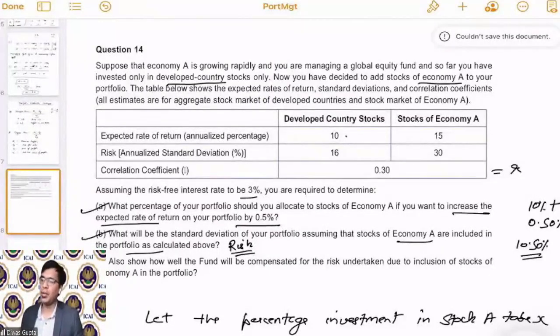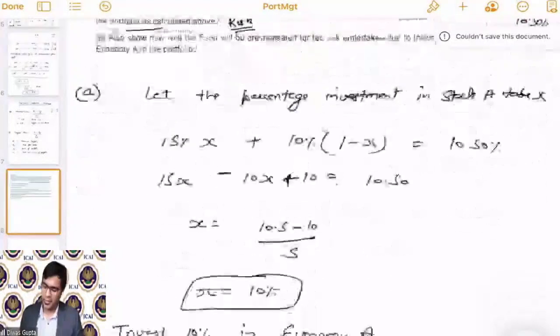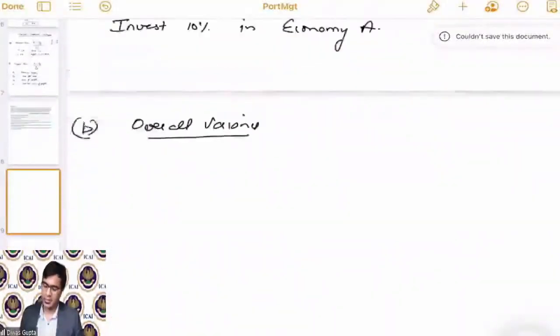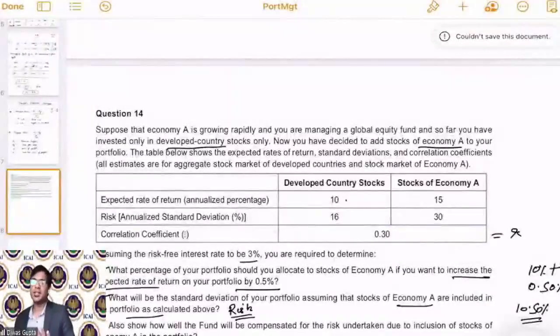Because now we have studied both of them. It would be good if all of you answer this question, because this is very straightforward. This is the data given. We have seen in which cases we have to apply the MPT and in which cases we have to apply the Sharpe's index model.